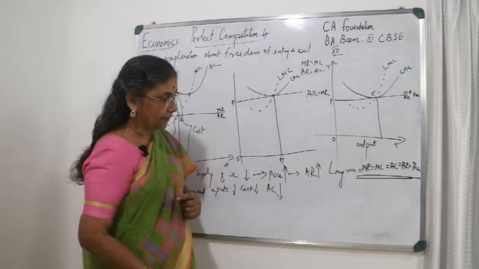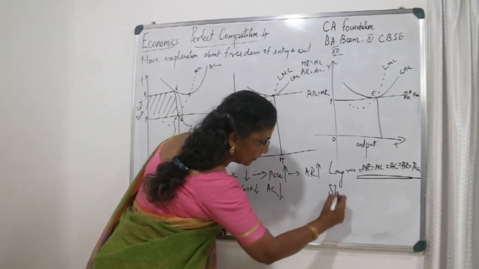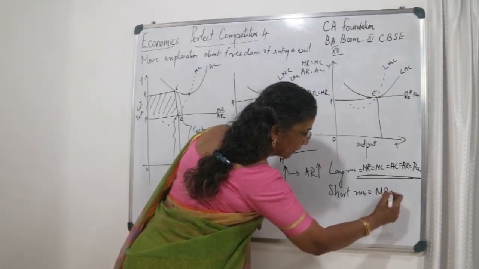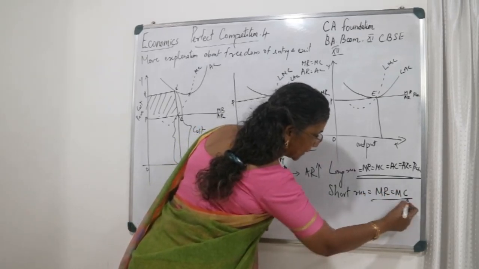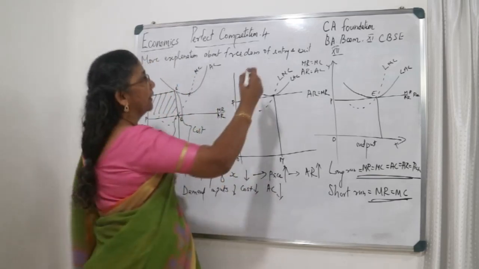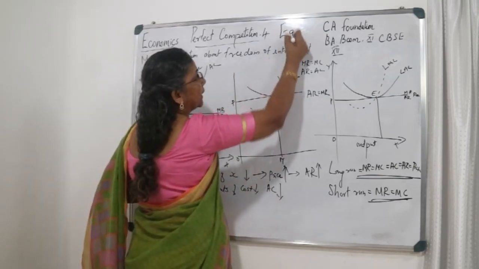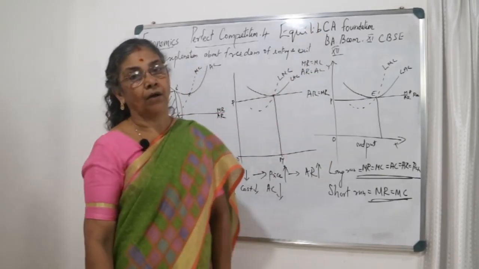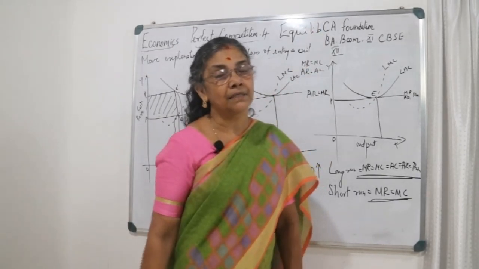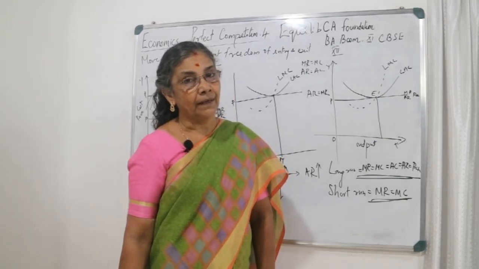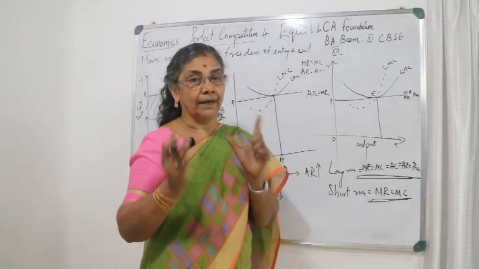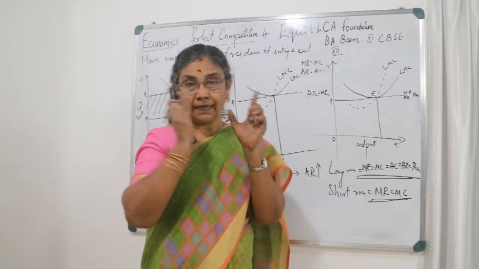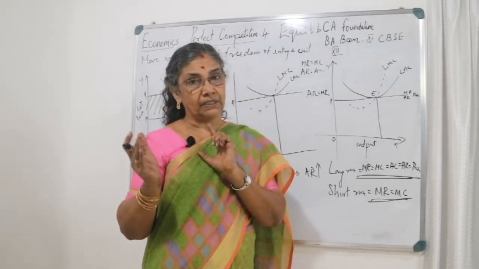This is the long run equilibrium condition, and the short run equilibrium condition has only one point, MR is equal to MC. This is the equilibrium condition of the firms under perfect competition, where they are getting maximum profit, where equilibrium means that from that place they don't want to change.